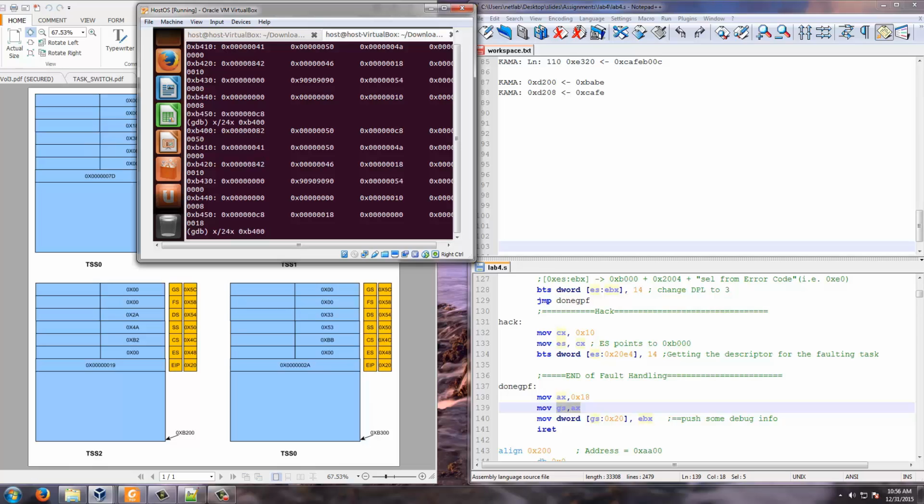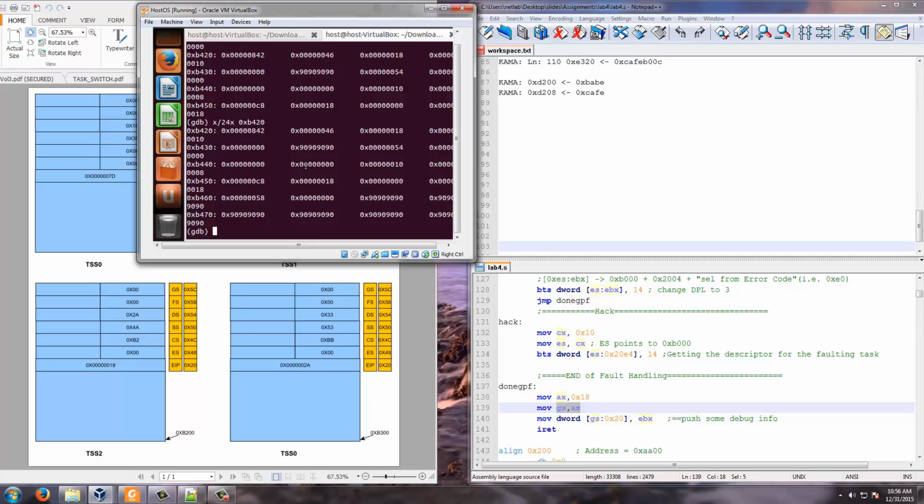So that is why when you went back, your return address was 0x842, right? So return address, what you see at B320, B420 is, you see here is 842, right?